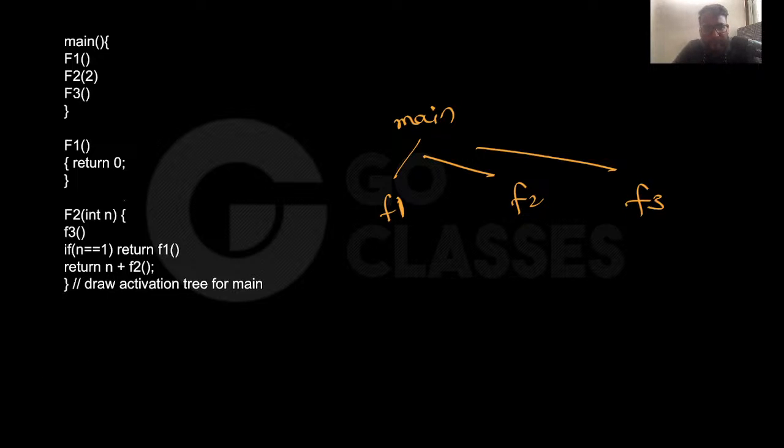F1 will return, but F2 is a little tricky. F2 is calling F3, and then F3 just returns, right? Then if n is 1, it is calling F1, but initially n is 2, so it is calling F2, and then F2 again.